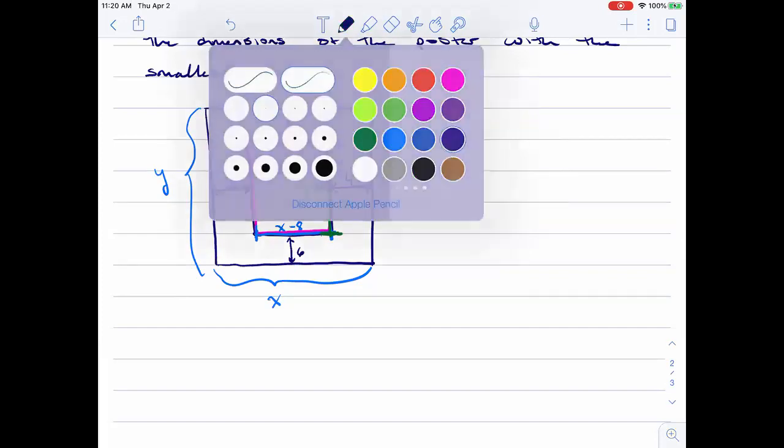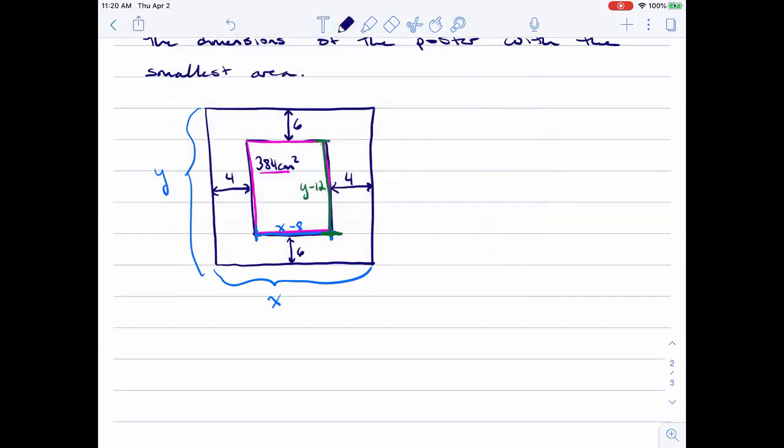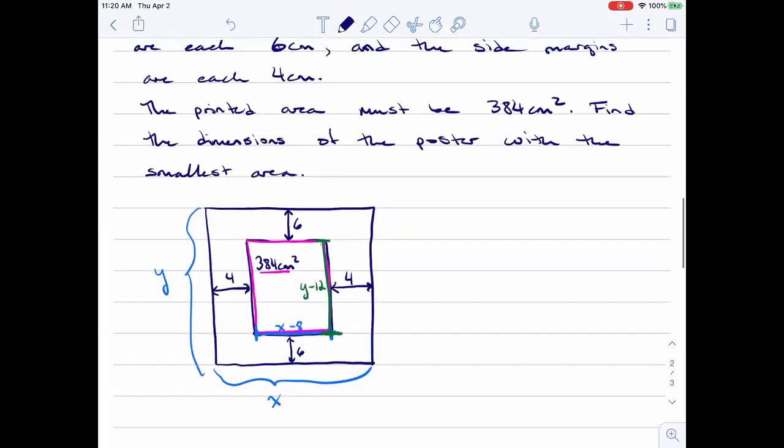Okay, so what we want to do is find the dimensions of the poster with the smallest area. So if we want the smallest area, the smallest X times Y, then we're trying to minimize something.